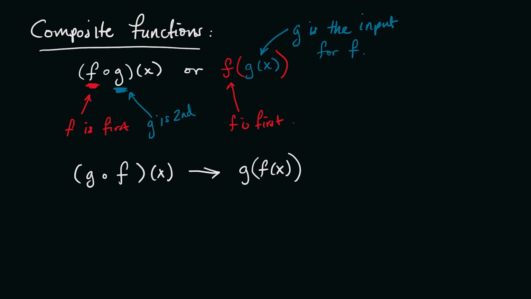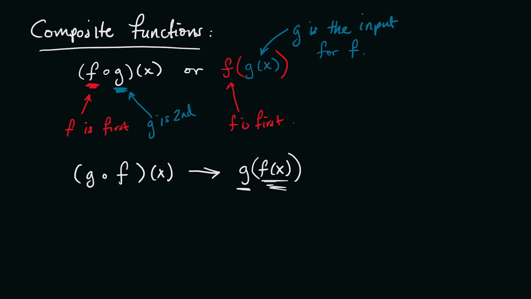So remember, whatever comes first, like let's say if f comes first, then f is the outer function. If g comes first, g is the outer function. But whatever comes second is always going to be the inner function, and it's always going to be embedded inside of the outer function, just like what we've shown here, where g is on the outside and f of x is on the inside, right?